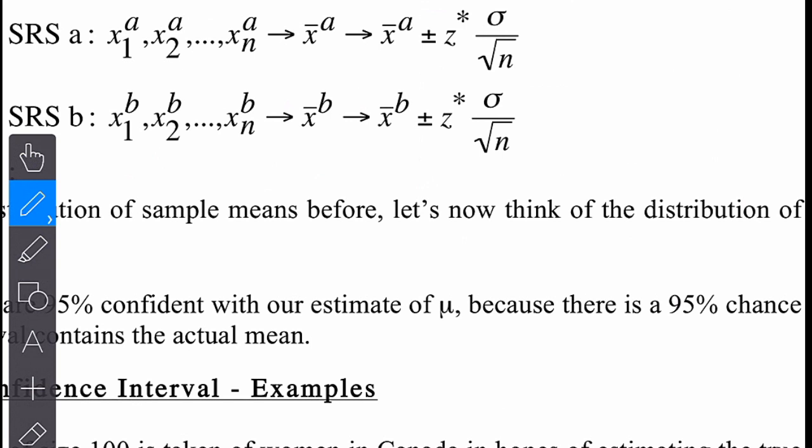So let's say this was an interval. So all the intervals are the same width, right? Because this is always the same.